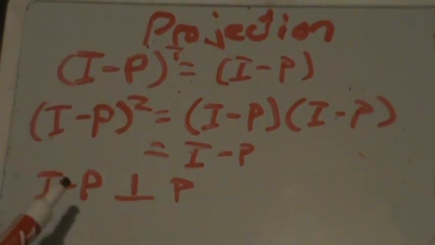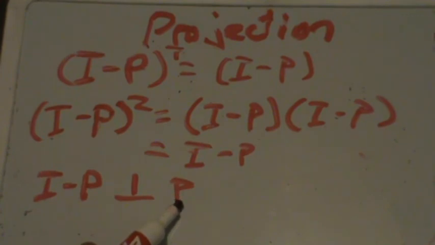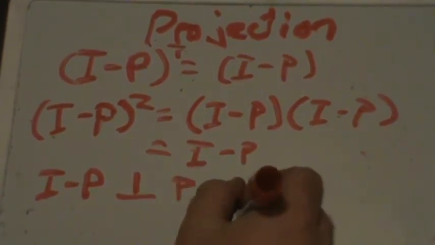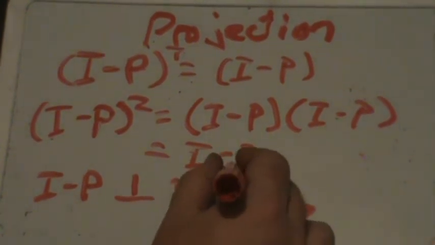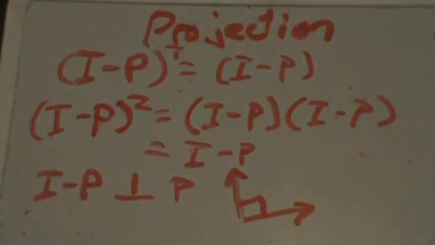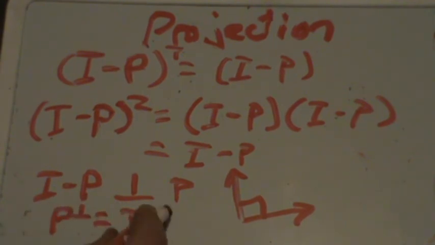And since they're orthogonal to each other, this is one space that I'm projecting to, and I minus P gives me the space pi over 2 radians off, or 90 degrees if you still like dealing with it. So this is the space, and that's the orthogonal space, which means P perp equals I minus P.